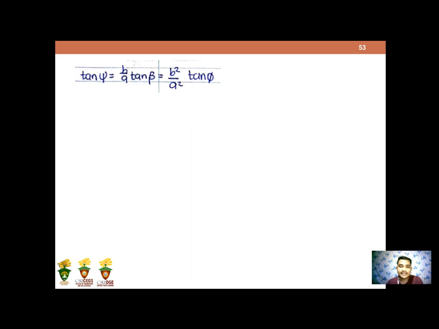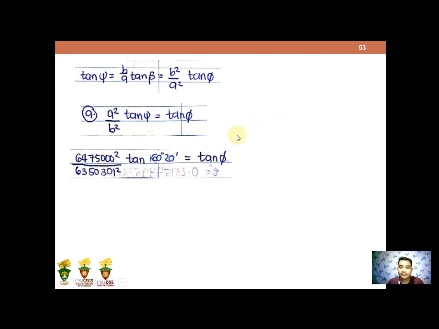To solve, since what is given are b and a, this is the suitable equation. The latitudes involved are geocentric and geodetic, so we crop out just the geodetic and geocentric part. Since we are looking for tangent geodetic latitude, we transpose b squared over a squared to the other side. Therefore our equation becomes a squared over b squared tangent of geocentric latitude equals tangent geodetic latitude.